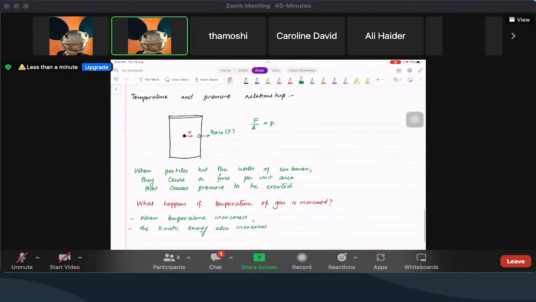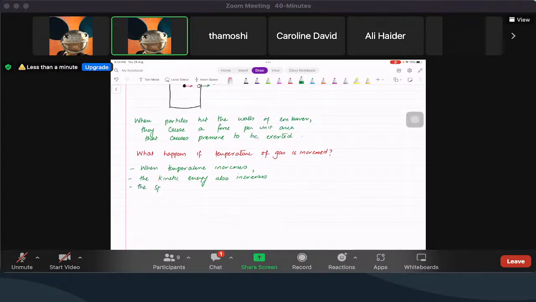If the kinetic energy increases, the speed of molecules or atoms, whatever you want to write, also increases. So they hit at faster speed, causing greater force, which increases pressure. Is it clear, everybody?